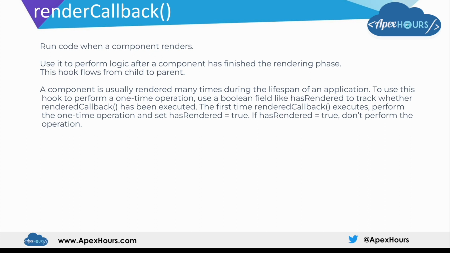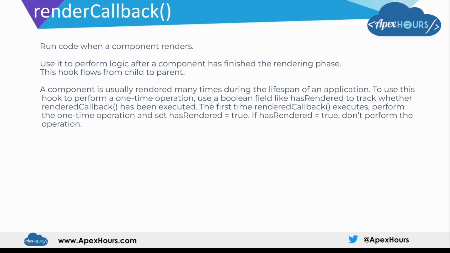A component is usually rendered many times during the lifespan of an application. To use this hook to perform a one-time operation, you have to use a Boolean parameter in your JavaScript. For example, you can use hasRendered to track whether render callback has been executed.